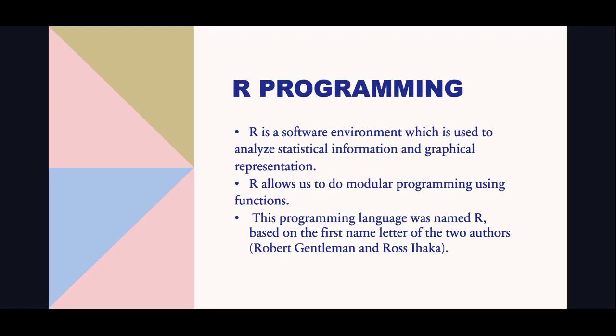Modular programming in the sense separating the functionality of a program into independent modules such that each contains everything necessary to execute only one aspect of the desired functionality. So this programming language was named R based on the first name letter of the two authors, Robert Gentleman and Ross Ihaka.